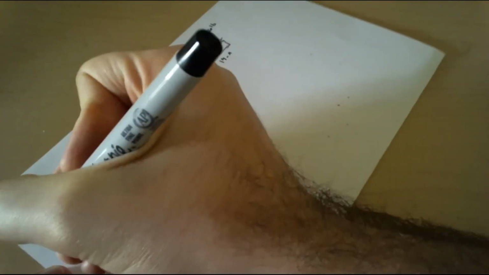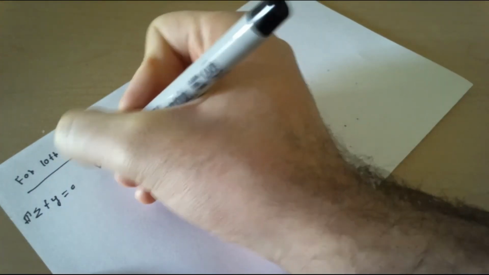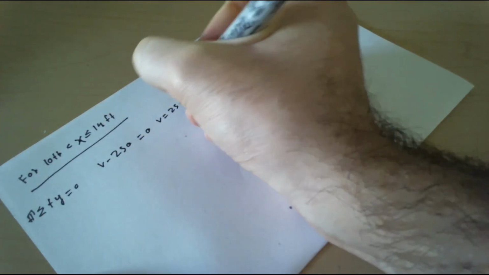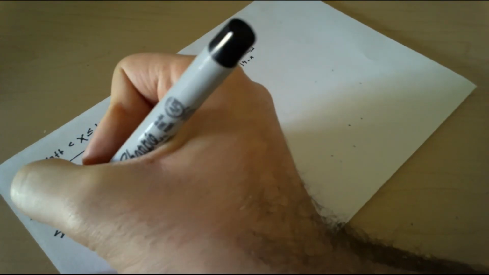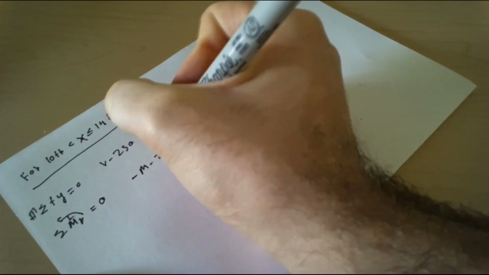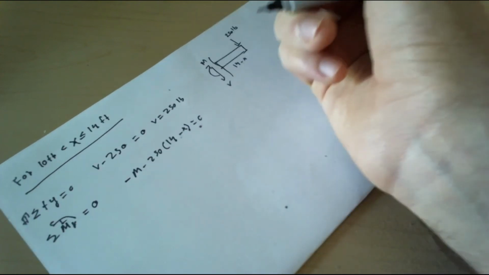Okay, similar. Sum of the forces in y equals 0, upward is positive. So V minus 250 equals 0, V equals 250 pounds. Sum of the moment at x equals 0: negative M minus 250 times 14 minus x equals 0.